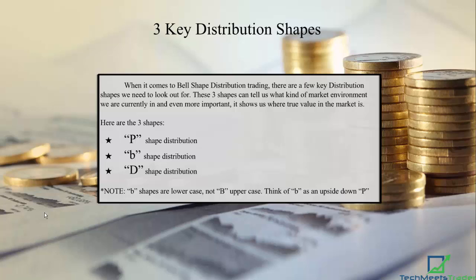Here are the 3 shapes. Number 1, P-shaped distribution. Number 2, B-shaped distribution. Number 3, D-shaped distribution. It is important to note that B shapes are lowercase, not uppercase letter B. Think of lowercase letter B or B-shaped distributions as an upside down P shape.